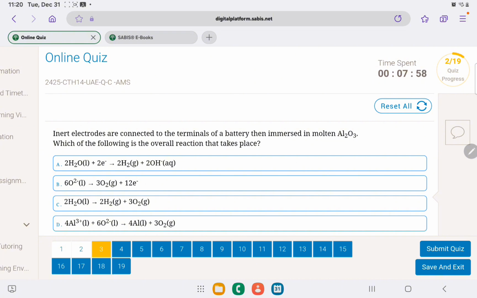Inert electrodes are connected to the terminals of a battery, then immersed in molten Al2O3. Since it's molten, we're not going to have the questions. We're going to do the cathode and the anode. Anode has oxidation, so non-metal. Cathode has reduction, so metal.